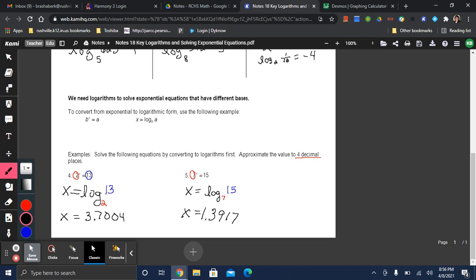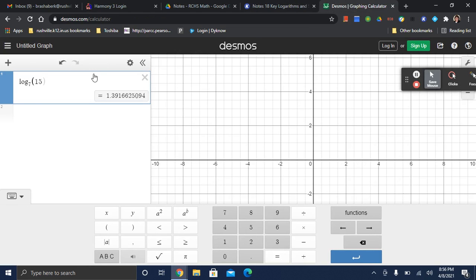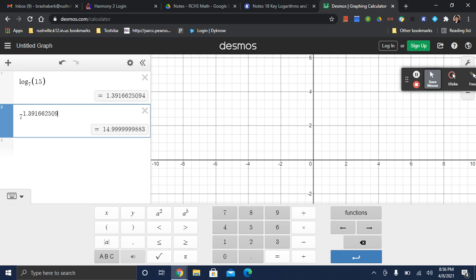And again, if we would do 7 to that power, so if I use my exponent and then do 1.39166250994, I get 15. 7 to this power is equal to 15.